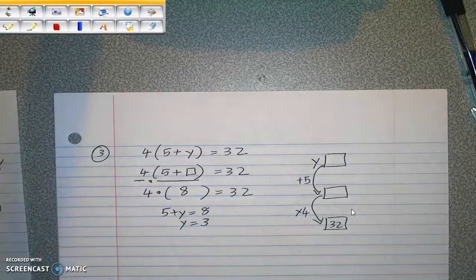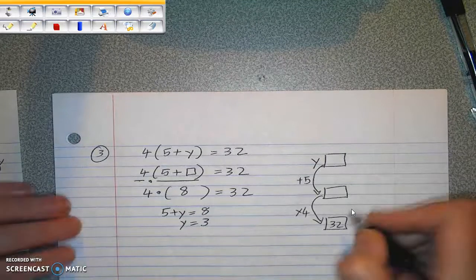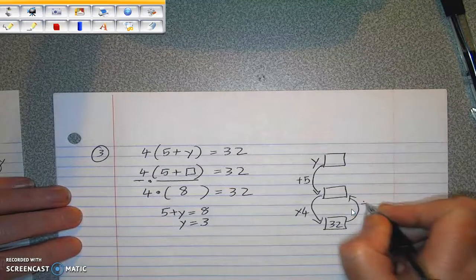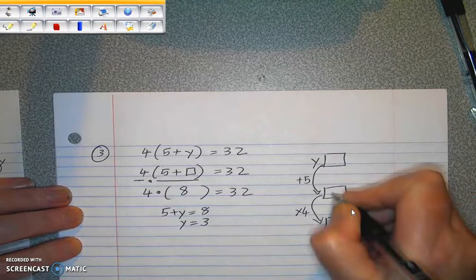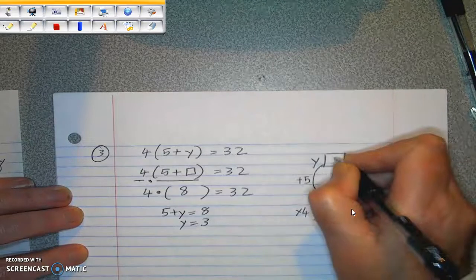So do you see the order of the multiplication and the addition is different here than it was in problems 1 and 2? Because the parentheses force the addition first and the multiplication second. So on the way back, you're going to do the division first, because you're undoing the multiplication, and then you're going to do the subtraction.